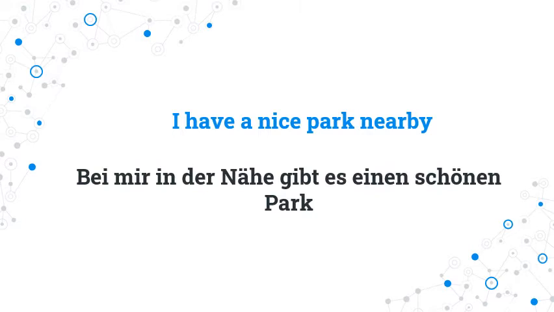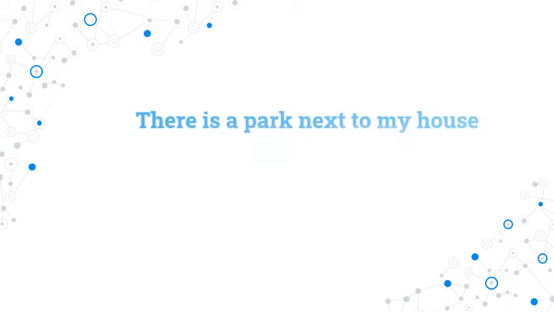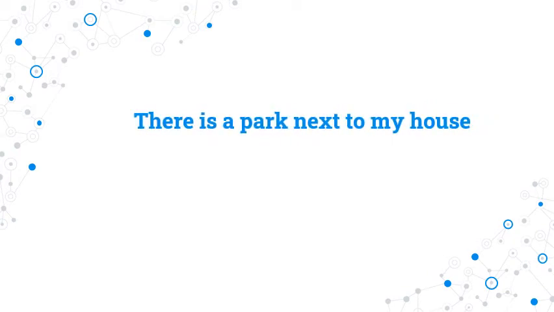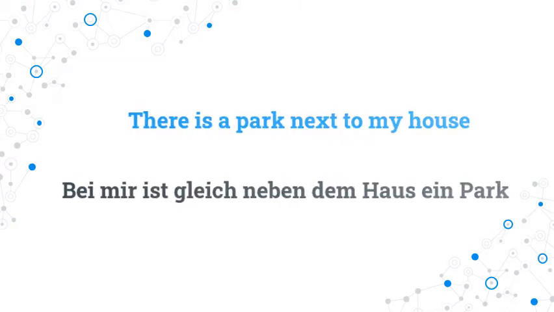Bei mir in der Nähe gibt es einen schönen Park. How do you say, "There is a park next to my house," in German? Bei mir ist gleich neben dem Haus ein Park.